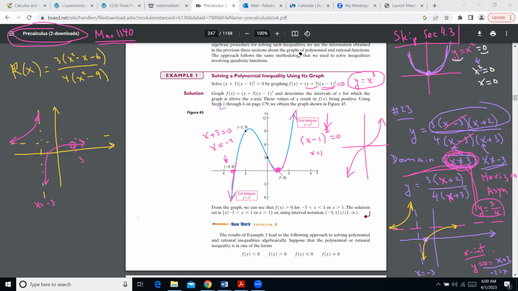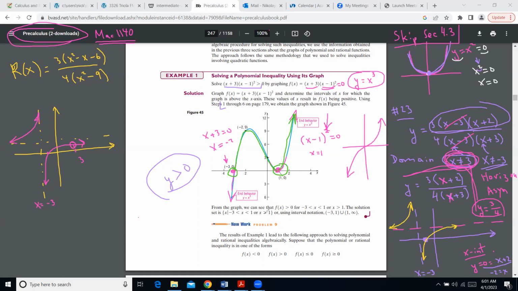But the key part of this solution is that we are trying to solve an inequality. We're having this product greater than 0. In other words, my function y is greater than 0, and it turns out it is greater than 0 everywhere above the x-axis, except for this point and except for that point, because that's where it is equal to 0.